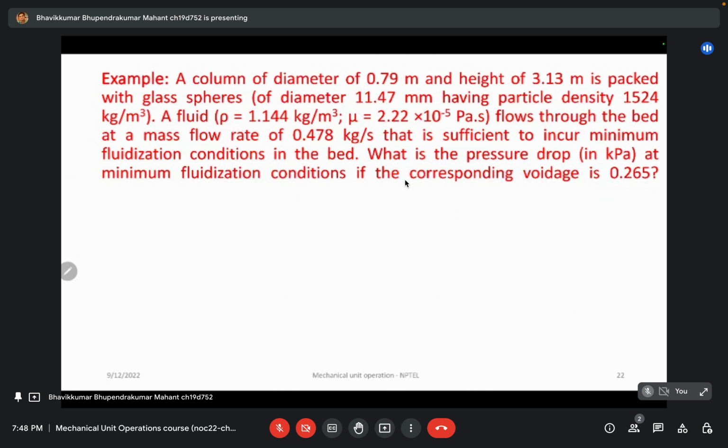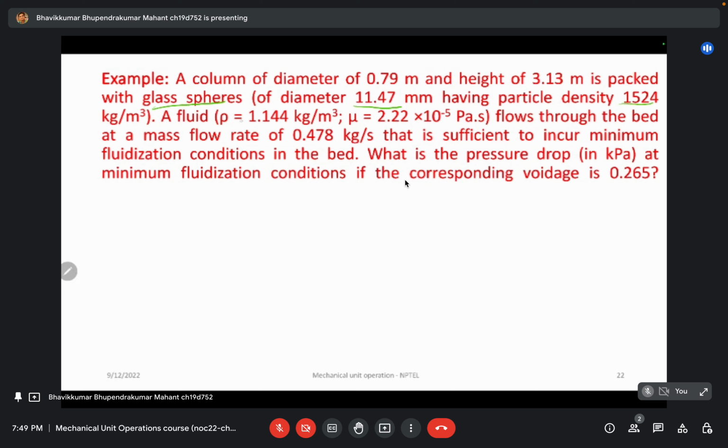Okay, a column of diameter 0.79 meter and height of 3.13 meter is packed with glass spheres, which have diameter 11.47 millimeter and particle density 1524 kilogram per meter cube.